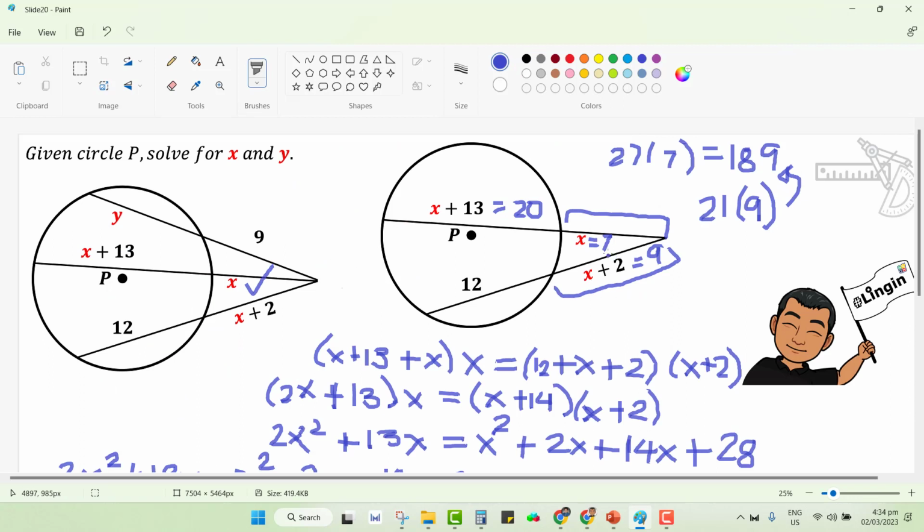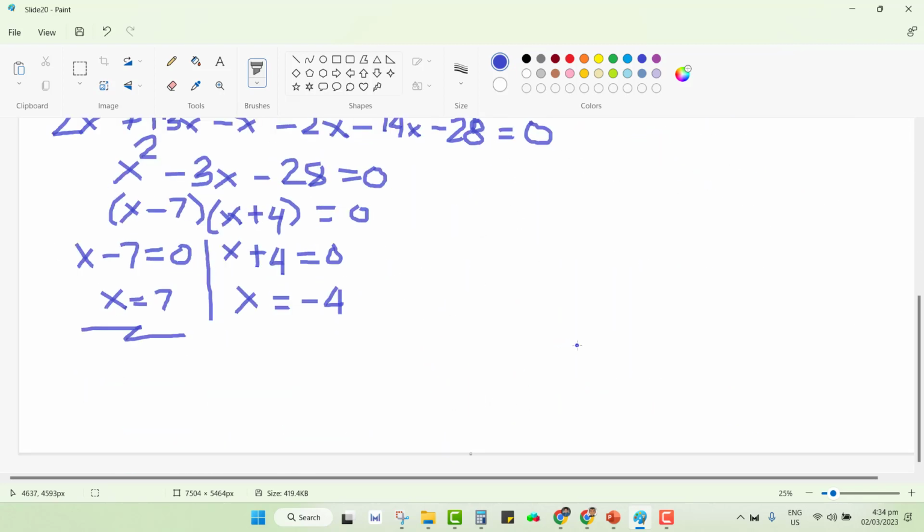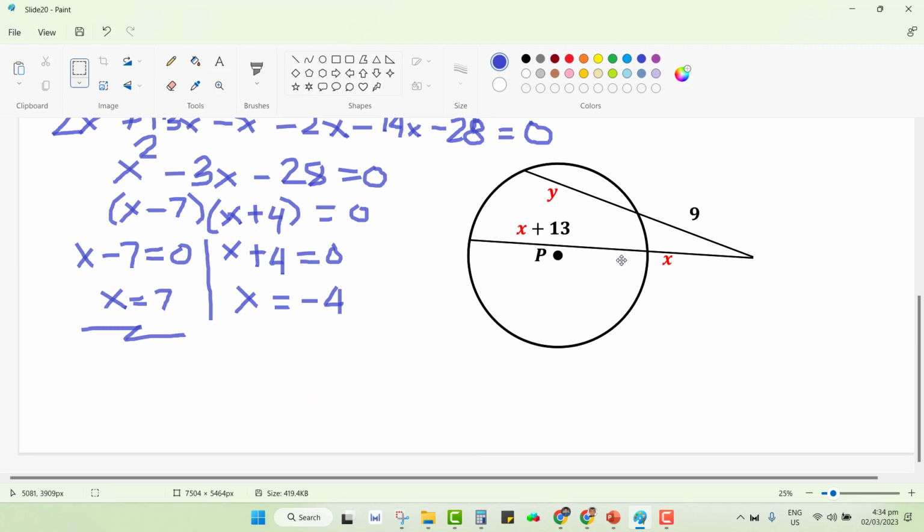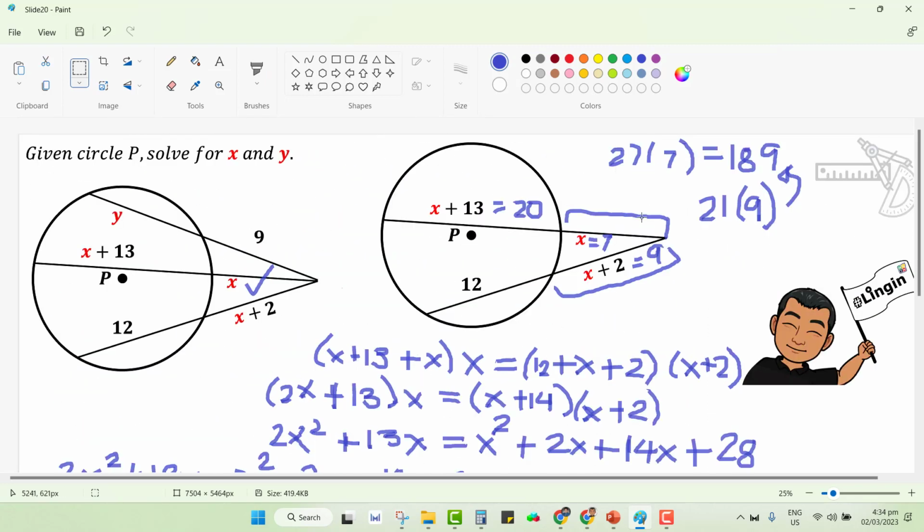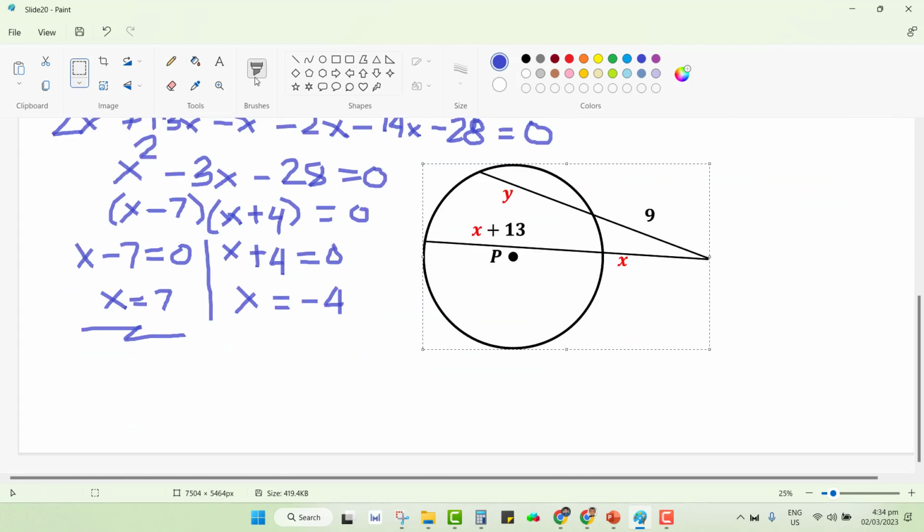Now, since we are done with x, we can solve for y. It depends on us which of the two secant segments may be used. Let me use this given figure. I'm using this first secant segment here. We know it to be 20 and 7 because x is 7.